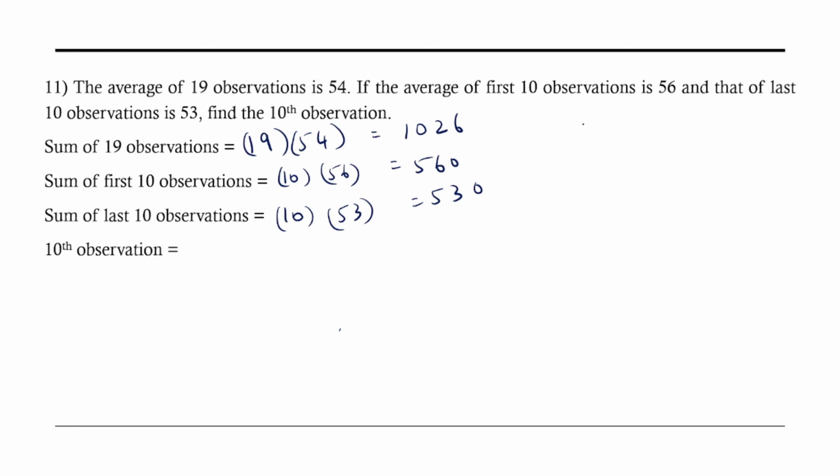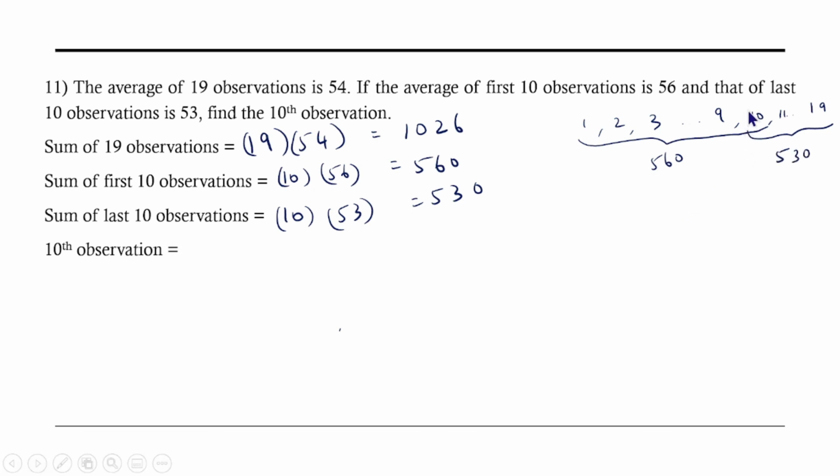Now we are asked to find the 10th observation. If we have the observations 1, 2, 3, then 9, 10, then 11, 12, up to 19, the sum of the first 10 is 560 and the sum of the last 10 is 530.